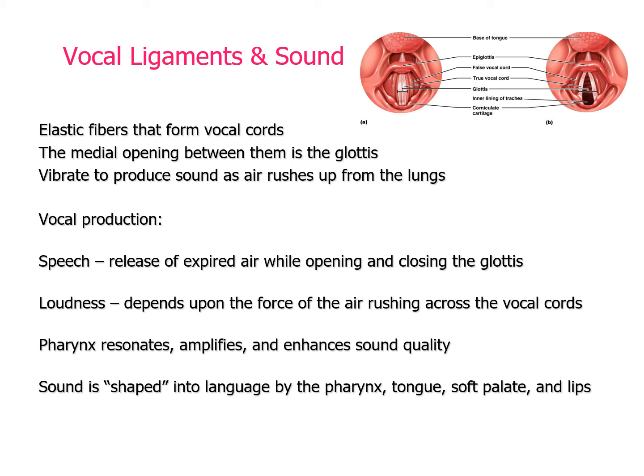Sound is produced by air rushing past these elastic fibers, and you can control in part your speech that way, and certainly loudness, and the pharynx overall helps to resonate, amplify, and enhance sound quality. The sound itself is shaped in part by the pharynx, but also the tongue, soft palate and lips are obviously involved in generating different sound types.